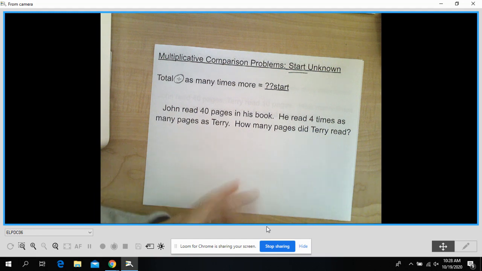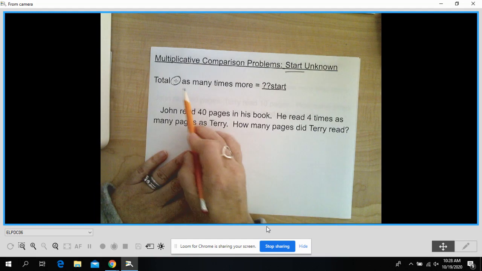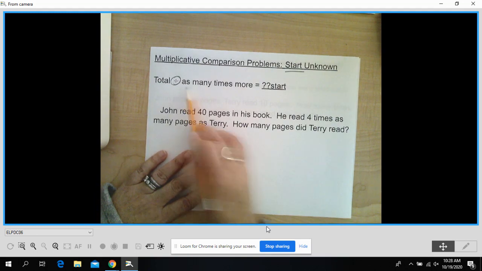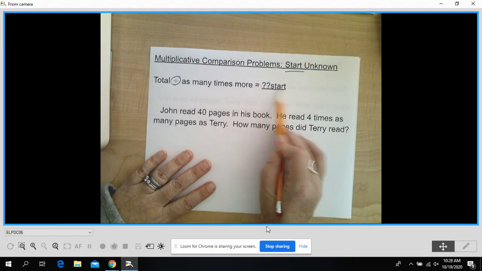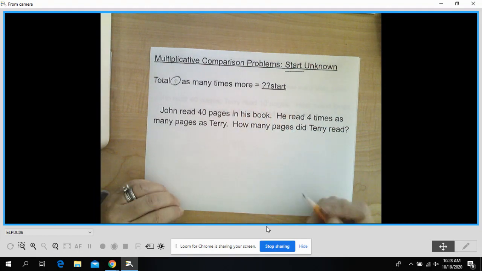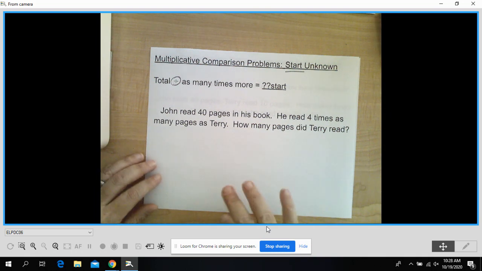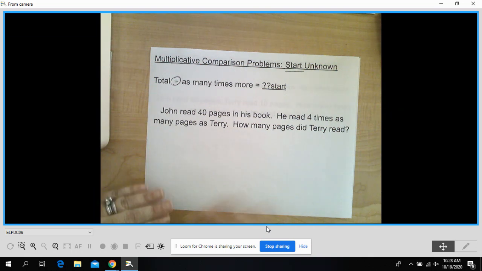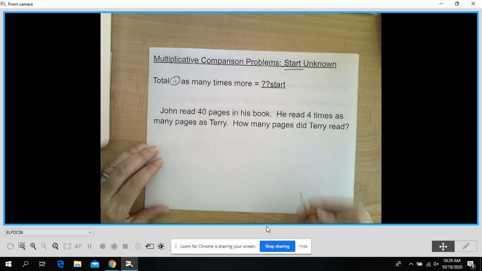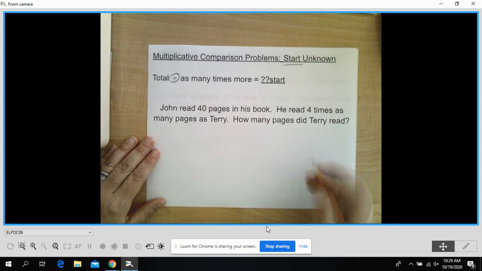So if we know one, we can use the other. So we're going to divide that by as many times more, and then that will give us our start number. Now, for these 3 problems on multiplicative comparison, I am using the same 3 numbers over and over so we can really focus on the context of what's happening in the problem.